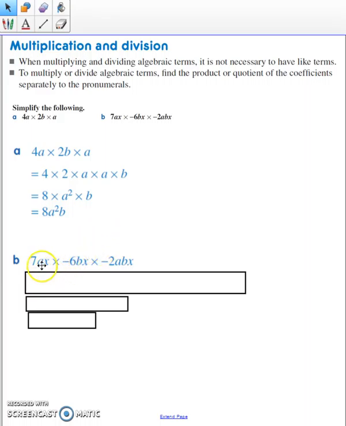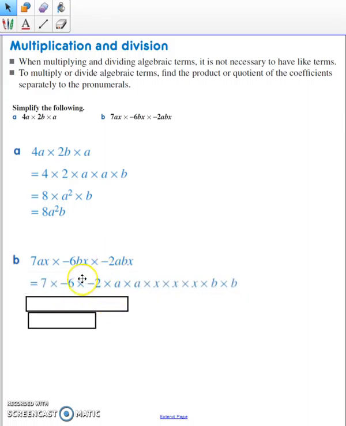Now this one is a little bit more difficult, we've got some negative numbers in here, but it doesn't really change what we're doing. We find the coefficients, so the 7, the negative 6, the negative 2, and multiply all those together. We then also multiply the two a's, the two b's, and the three x's.